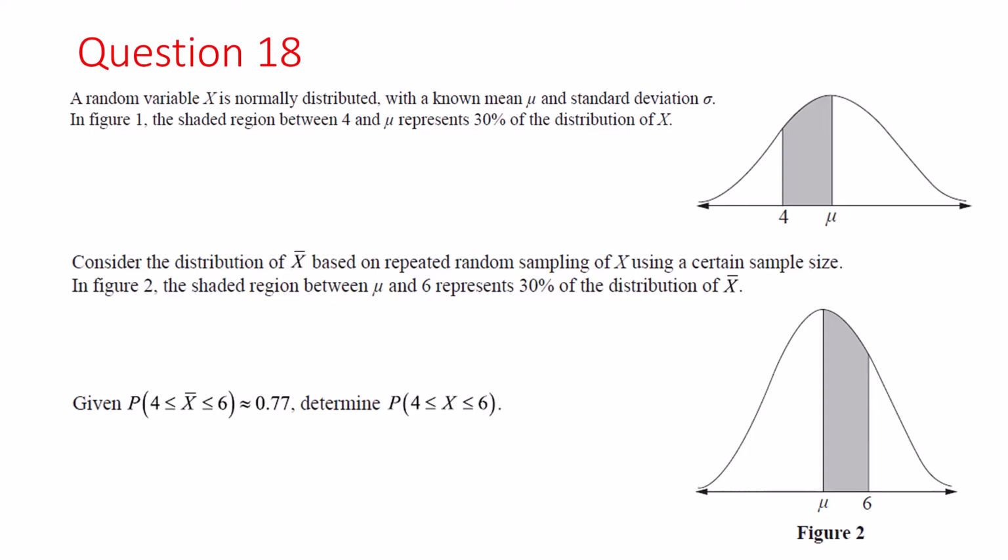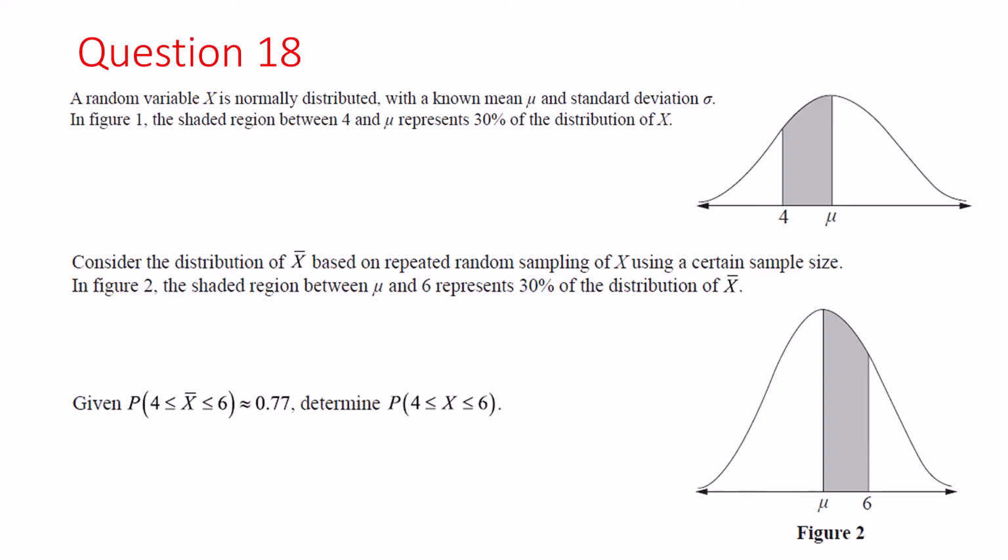And from the stem, we're given that the probability that X bar lies between 4 and 6 is approximately equal to 0.77. So from that, we can glean that the probability that X bar lies between 4 and mu is 0.77 minus 0.3, which is approximately 0.47.